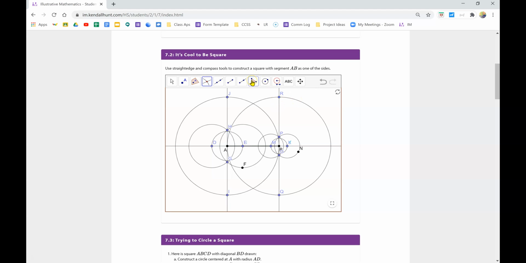So now I'm going to take the Polygon tool, that's this triangle, and I'm going to outline the square that I have from J to R to B to A. Remember, you have to finish it, because if you just move your mouse around, it's going to make this weird shape back to the starting point. And that's a square that has the same length on all four sides as AB.